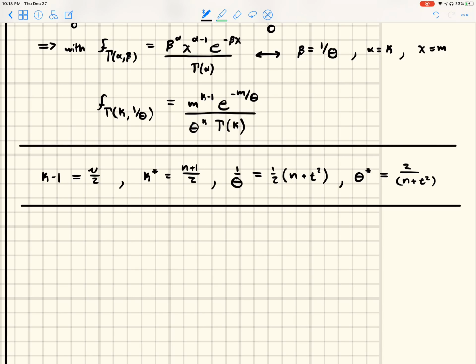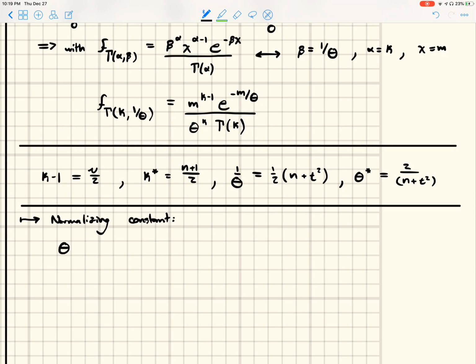But again, it all works out. So now we need a normalizing constant, and we're going to multiply that integral by a normalizing constant.